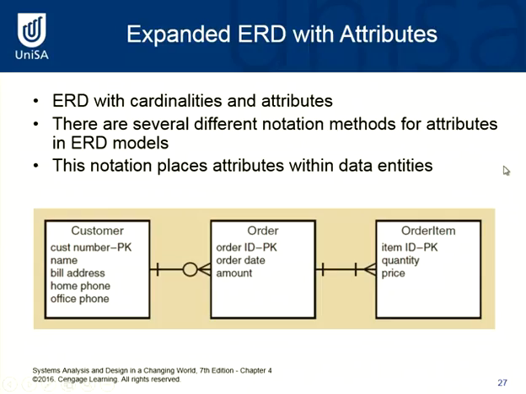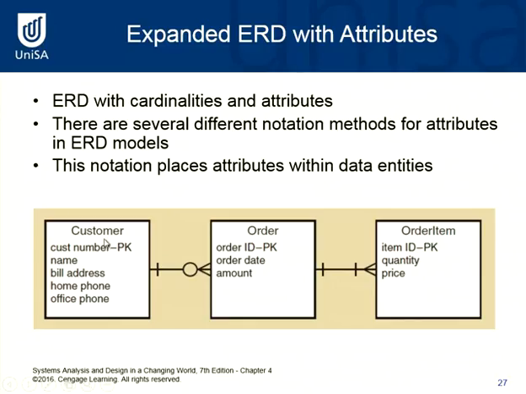So here's an example of an expanded entity relationship diagram with attributes. You'll see a version of this with the entity relationship diagram. In a few slides, you'll see the same version using the domain model class diagram approach.